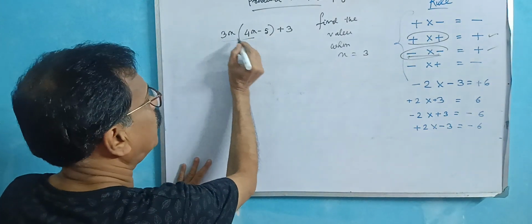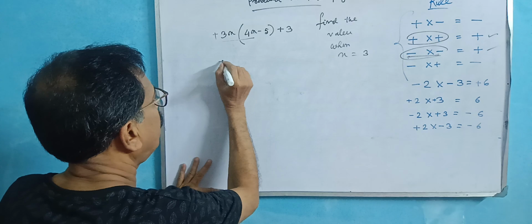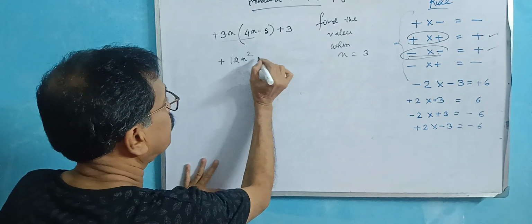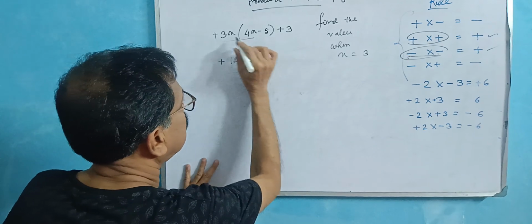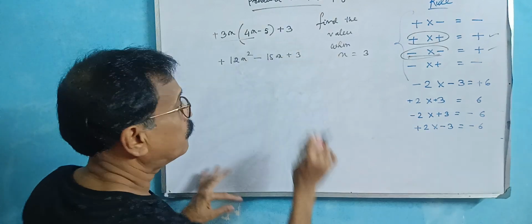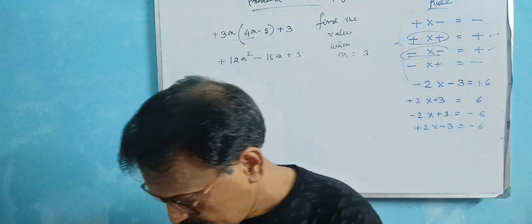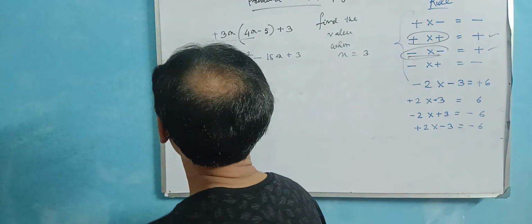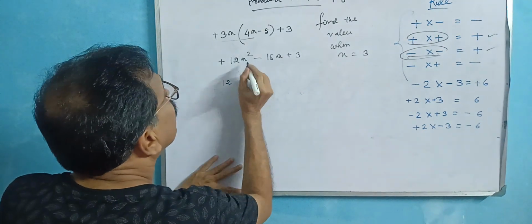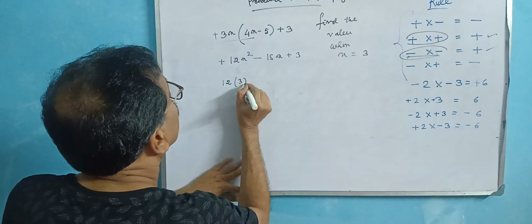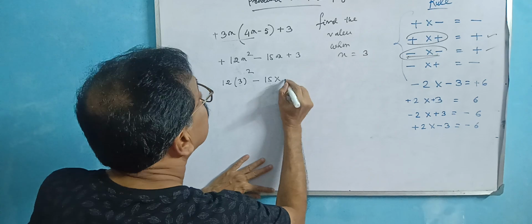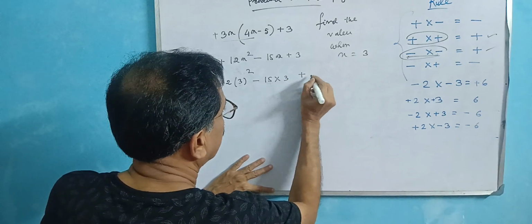So first you multiply. This is plus 3 into 4, 12 x square, x into x is x square. Plus minus 3 into 5, 15x, plus 3. Okay, now put the value of x as 3. Here is 12, x is 3, so 3 square, minus 15 into x is 3, and here is plus 3.